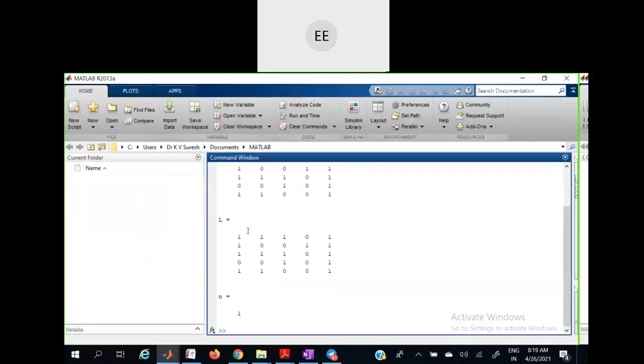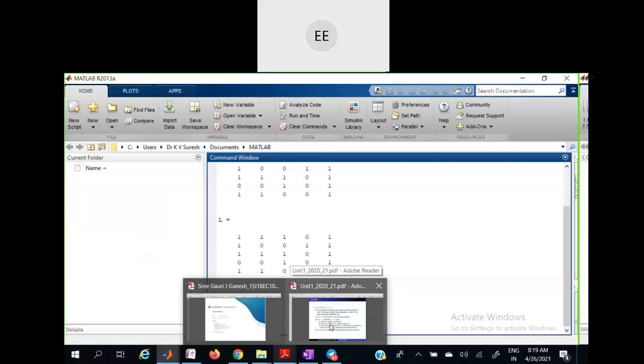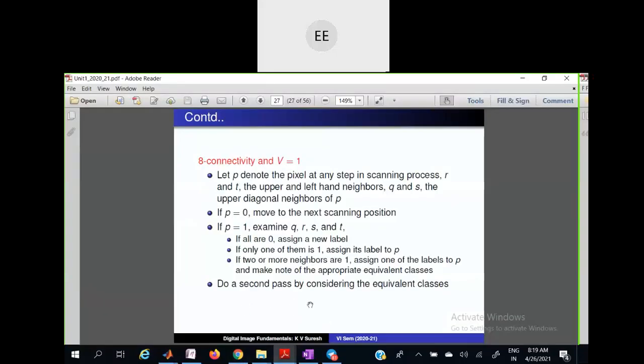Okay, observe, this is the image, and after labeling you can see there is only one label, so n is equal to 1. Okay, is the point clear? Yes, sir. Okay, fine, good.